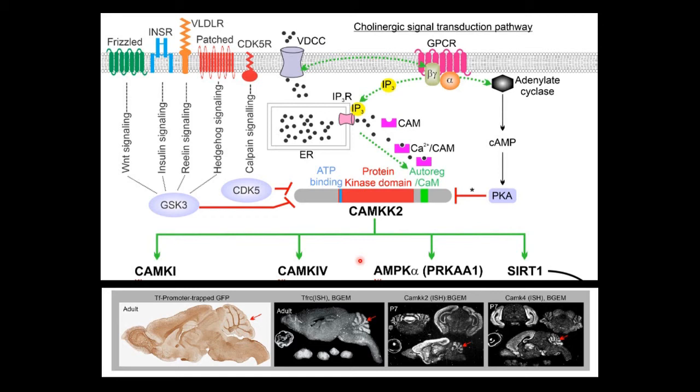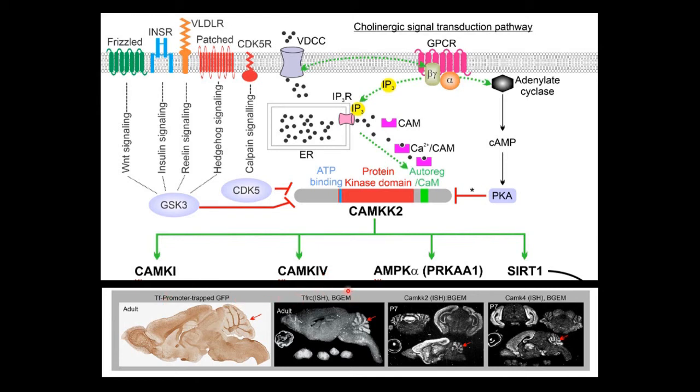A comparative analysis of the gene expression of CAMKK2 downstream effector kinases revealed that CAMK4 has an overlapping expression pattern with transferrin receptor and CAMKK2 in different parts of the brain.